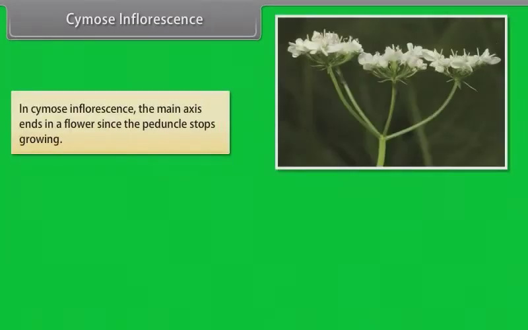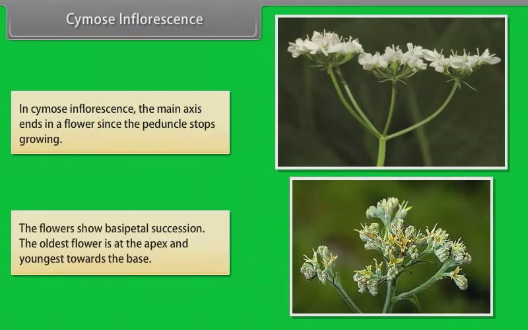Cymose inflorescence. In cymose inflorescence, the main axis ends in a flower since the peduncle stops growing. The flowers show basipetal succession. The oldest flower is at the apex and the youngest towards the base.